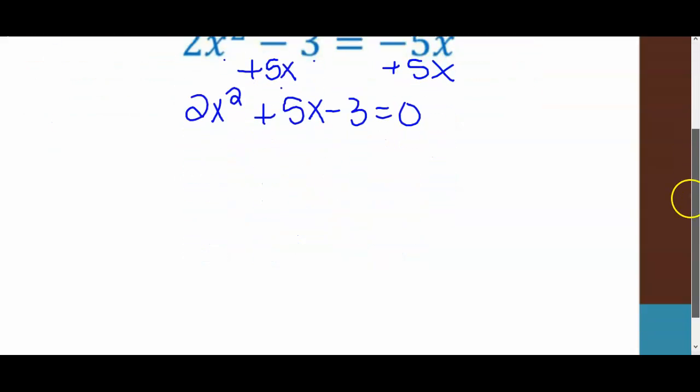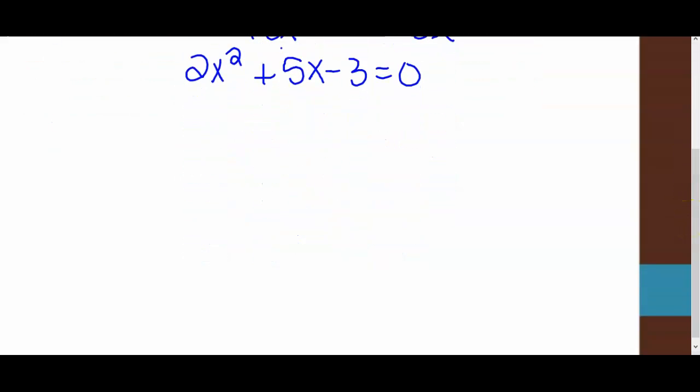And then once again, to factor, I'm going to multiply the first and the last to add to the middle. So I need two numbers that multiply to -6, but add to +1.